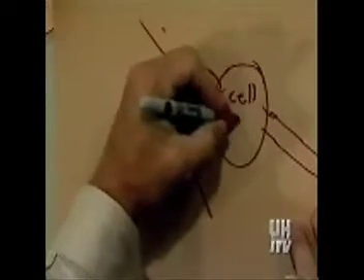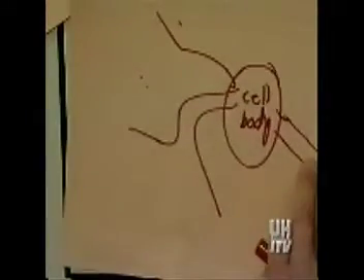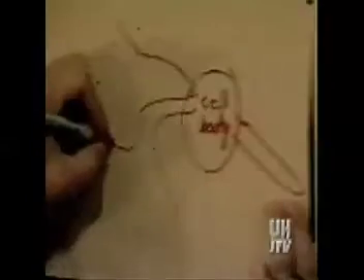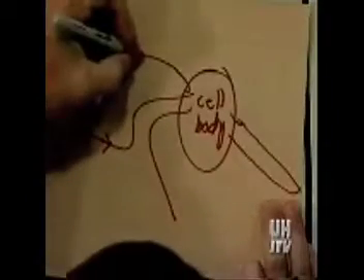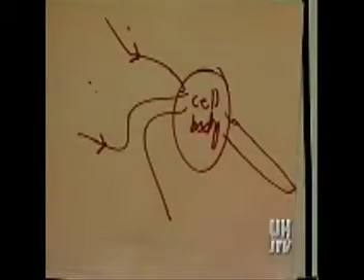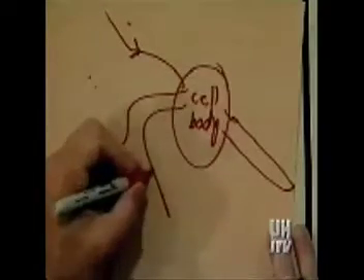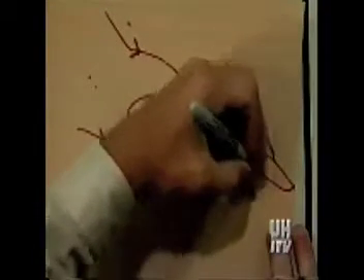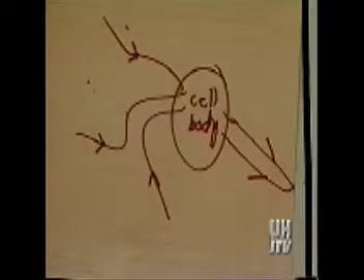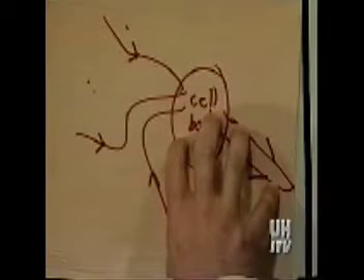Cell body. You have dendrites on this side, and axons on this side. Dendrites generally obtain information from other nerve cells, and axons do what? Send information out to other nerve cells. And the integrator here is the cell body. That's where a decision is made.